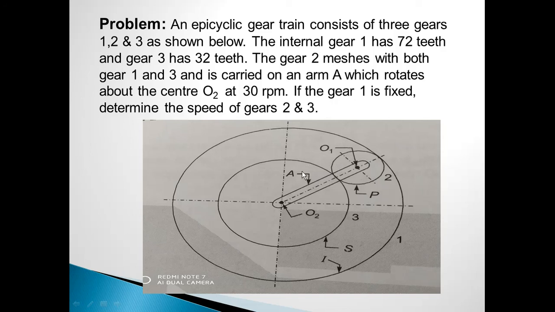That's why a positive sign appears for the speed of gear 3, but a negative sign appears in front of gear 2 and gear 1.